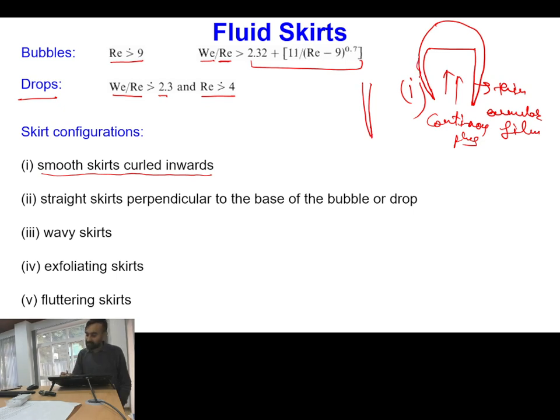If this has some wavy structure, then this is category number 3. And once these skirts fold out and break further, we call them exfoliating skirts and fluttering skirts. So depending upon the shape you can classify each type.